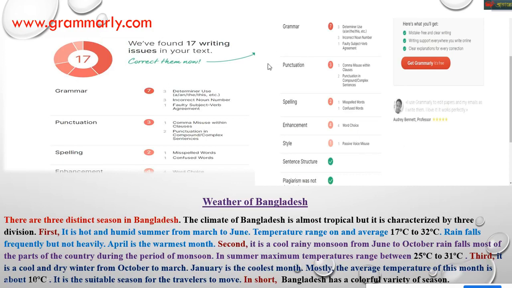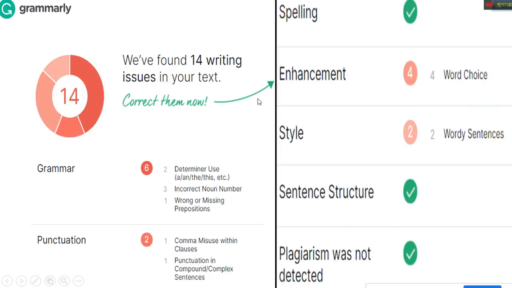Right. So let's see what happens gradually when we go for editing in the second stage. In the second stage, we have edited and refined a little bit, and we found only 14 writing issues. That means the mistakes are decreasing.